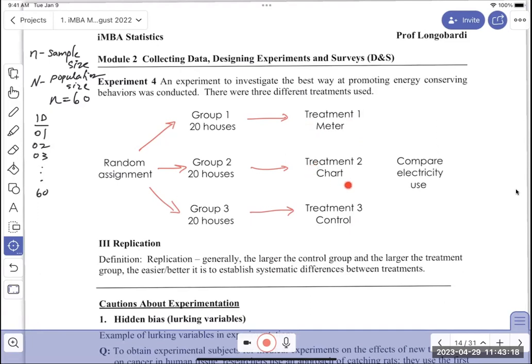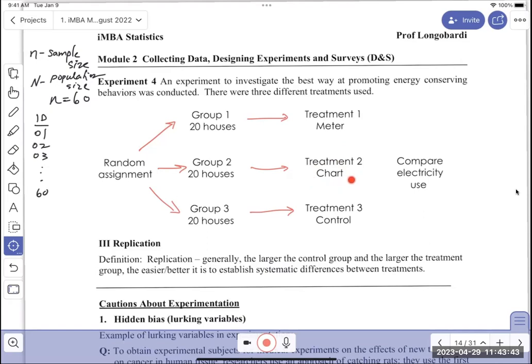Treatment 2 is a little more interactive, because they'll be taught how to fill in their electricity usage onto a chart. They can do it on their computer, they can log in, or they can do it on a sheet of paper. And they monitor and observe the change in their use according to the meter. So this is a step beyond.